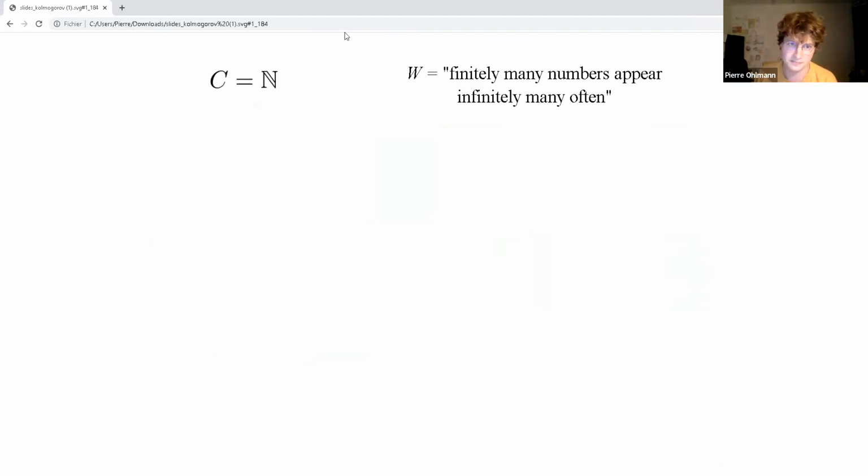So we have countably many colors, and we win if there are only finitely many colors that appear infinitely often. And the question is, is it positional or not? Let's say we don't know. I mean, it's hard to have an opinion on this, I think. So does anyone have an opinion whether it's positional or not?